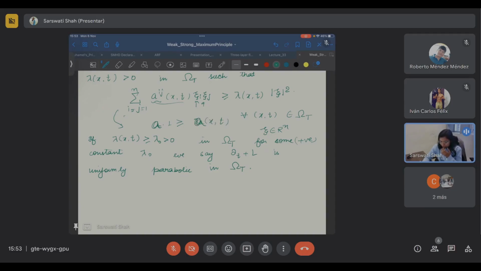You can choose this lambda as the same function, and if it is a constant, then that will be greater than 0 for sure. So that's what we were analyzing in the one spatial variable heat equation, and it was easier for us to analyze this thing. But when we are in n dimension, then we have to analyze this condition. I am going to put some questions in your assignment to see whether the given equation is parabolic or not, so that you can use this condition.